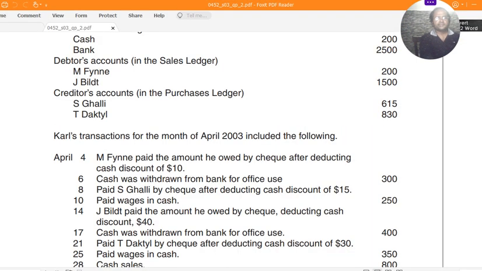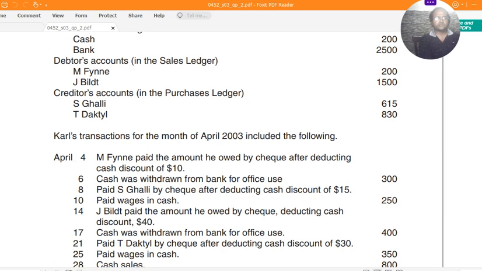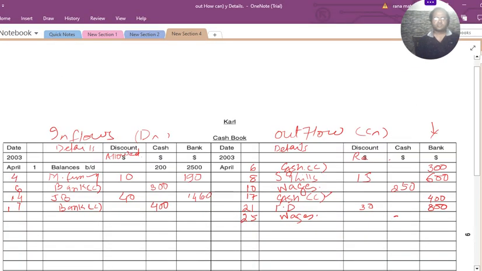And the next thing is paid wages in cash on the 25th. So here you write down a cash decrease, an asset decrease because of wages, and the amount given is 350.